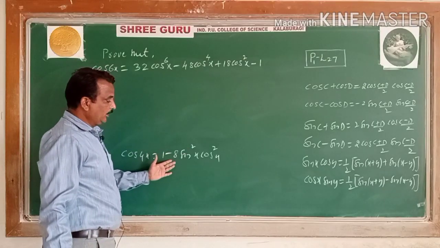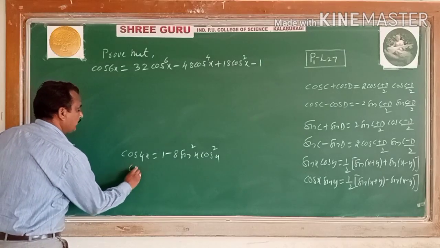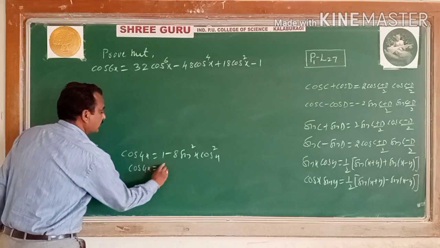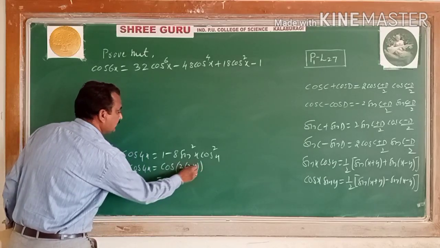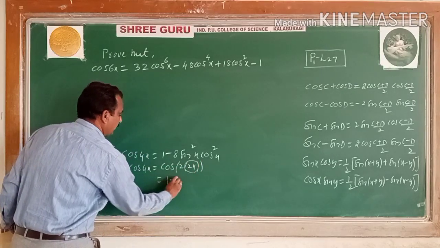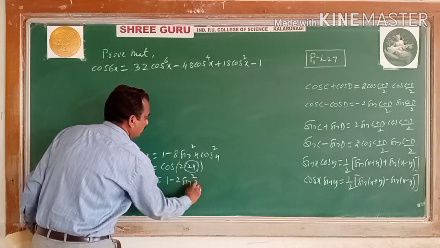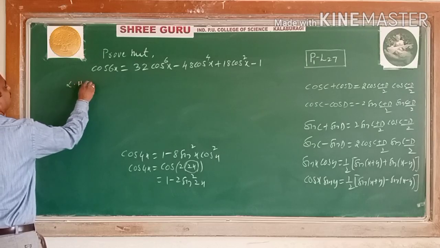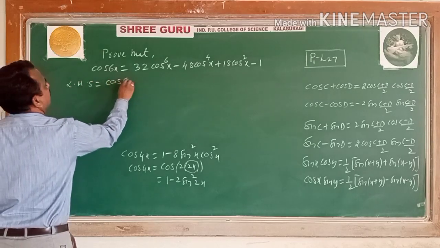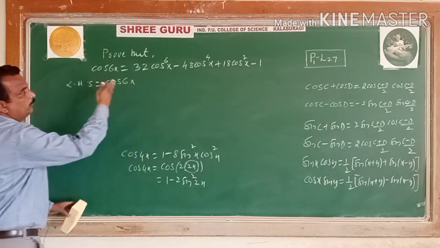For this we have taken cos 4x as cos of 2 times of 2x. This is in terms of sin, we have substituted 1 minus 2 sin square x, that formula we have substituted. But here cos 6x is there. You have to prove it in terms of cos.